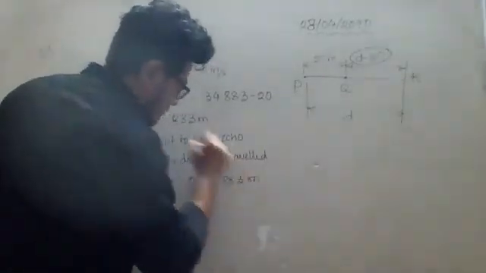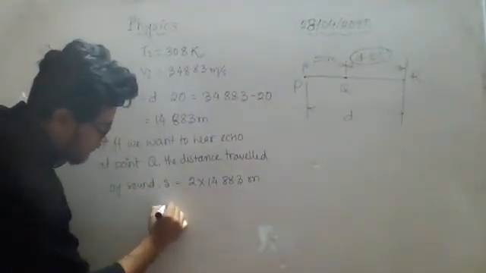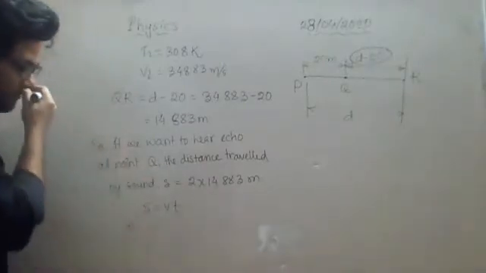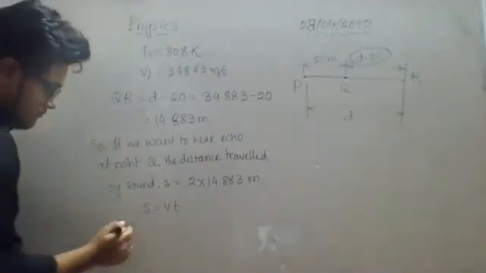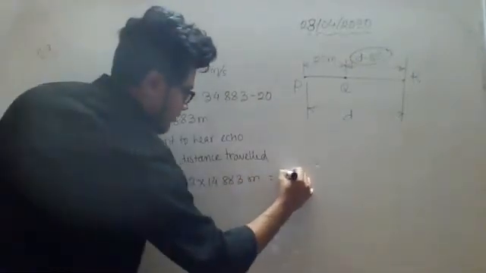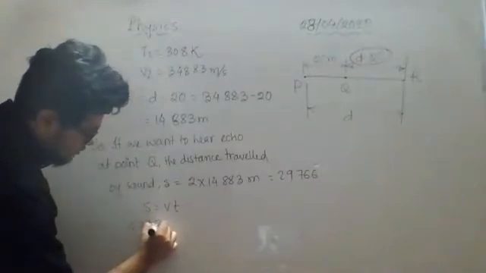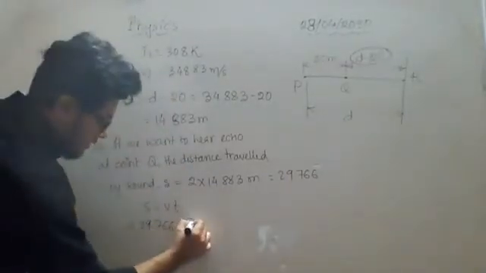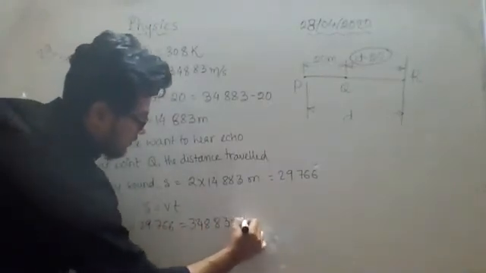Now we will apply the formula S equal to Vt. So it will be 29 point something. Can you kindly check? 29.766. So 29.766 is equal to velocity, 348.83, into the time.